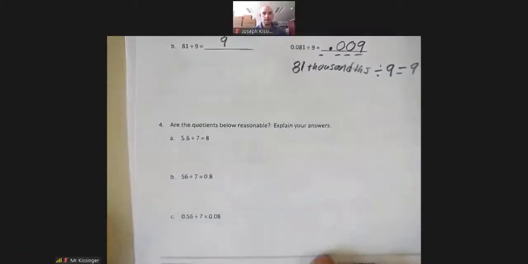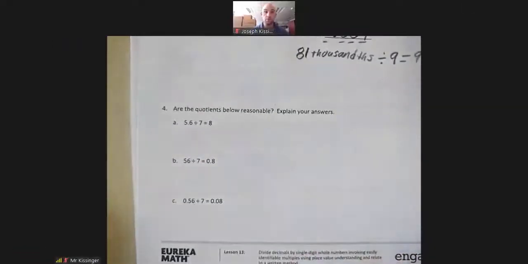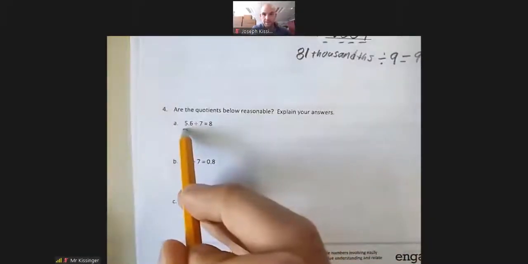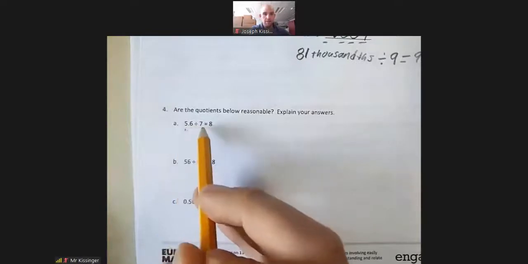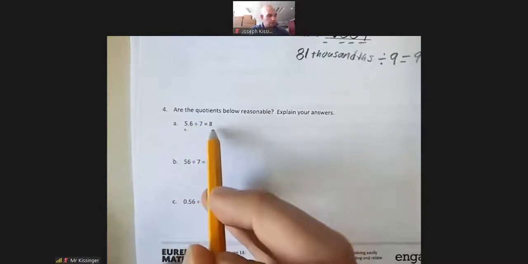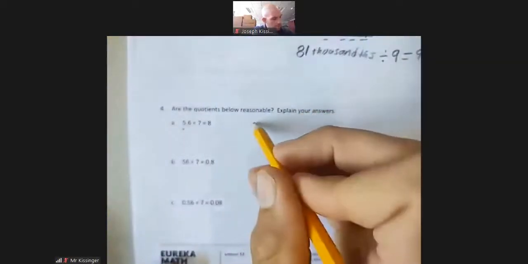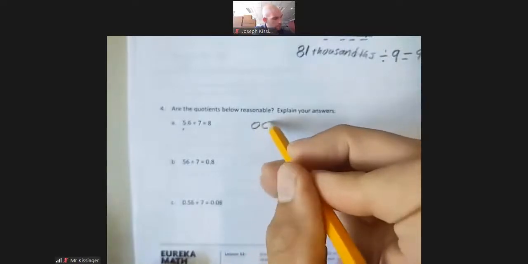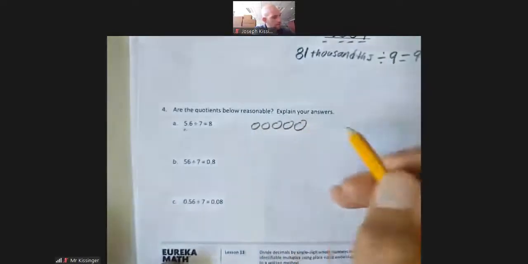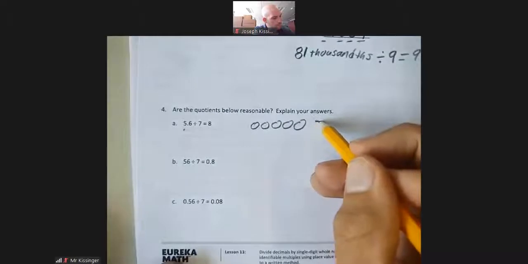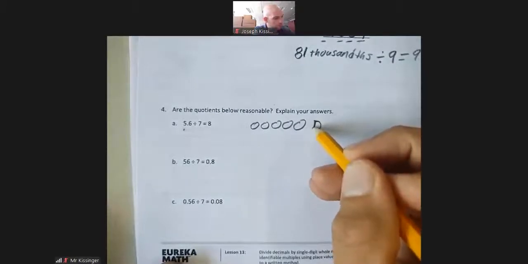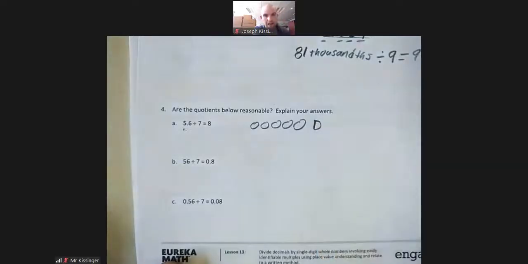All right, and then lastly on number 4 here, it says, are the quotients below reasonable? Explain your answers. So let's look at our first one. It says 5.6 divided by 7 equals 8. Well, if I have 5.6, so I have 1, 2, 3, 4, 5, and then I had 0.6, so maybe a little more than half of a circle there.